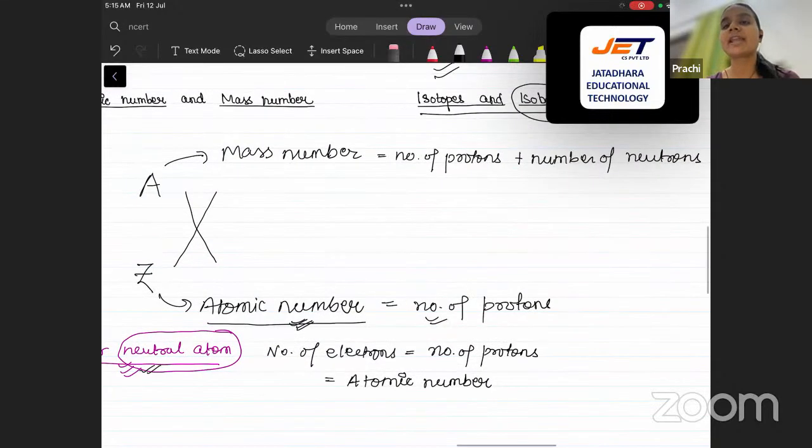So from here, what can I write? The number of neutrons will be equal to the mass number minus the atomic number.